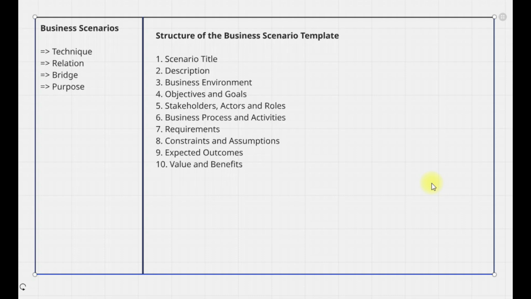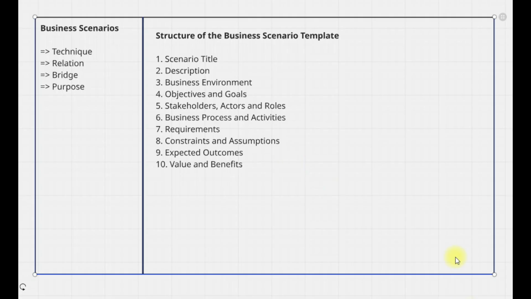And then we will validate those requirements, and articulating all these things in the structure of the business scenario template or any other template that will be used in this process is important. Okay, so that's about business scenarios in a nutshell. Then we'll come into the structure of the business scenario template.